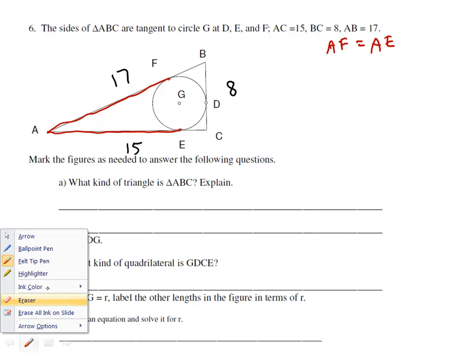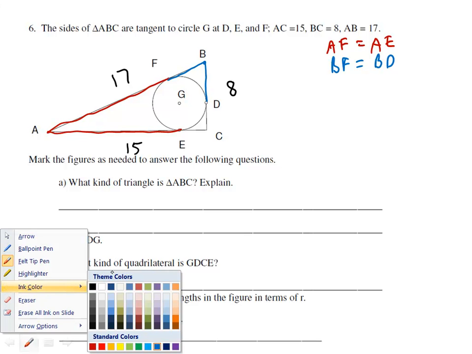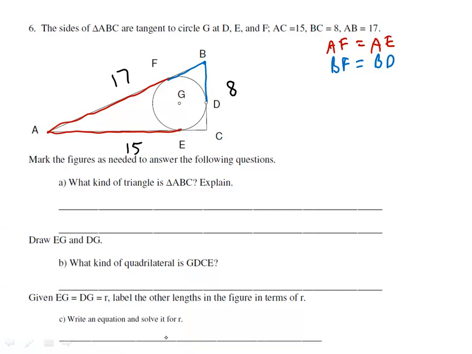Here's B, BF equals BD, because of what we know about tangent lines to a circle from an external point. We also know from point C that CD equals CE. So that's information that we've got to start with.